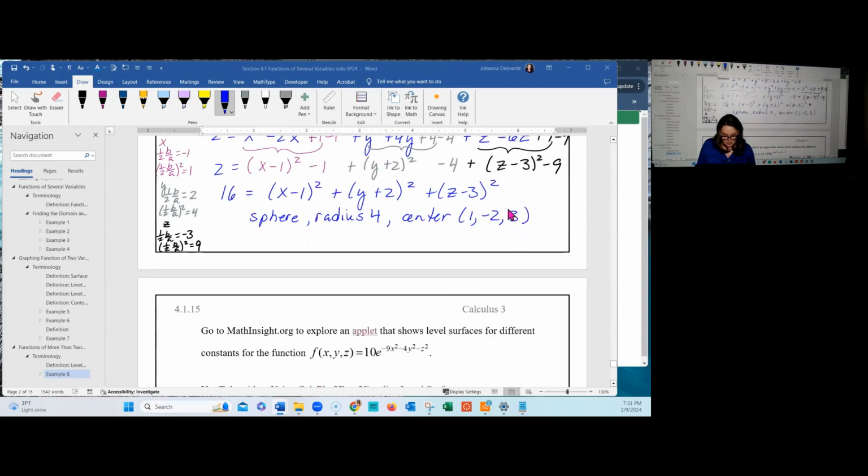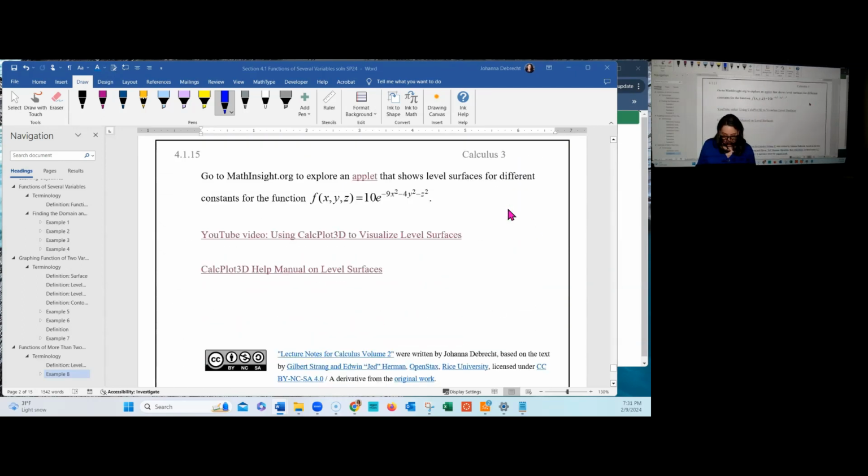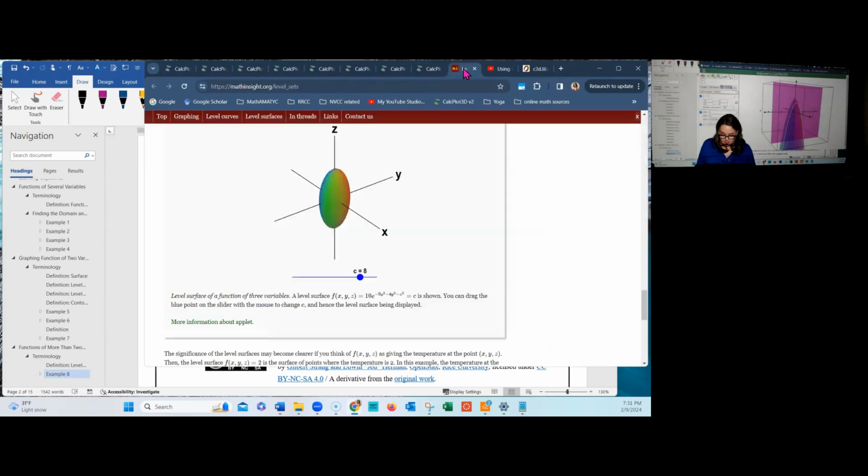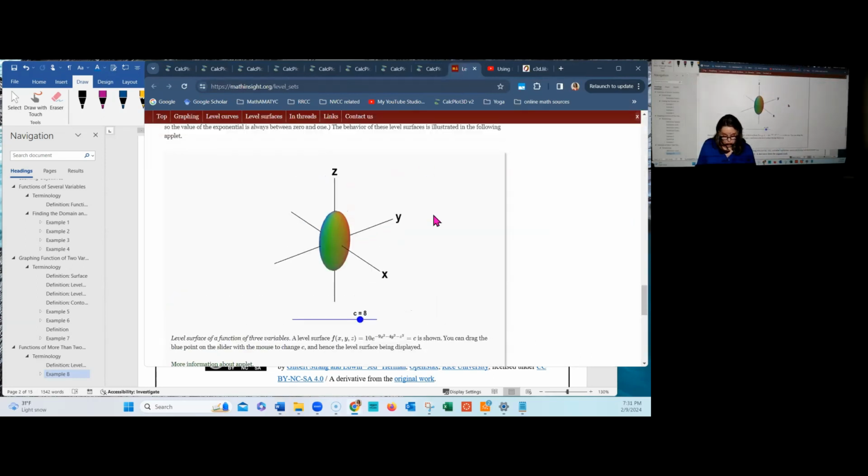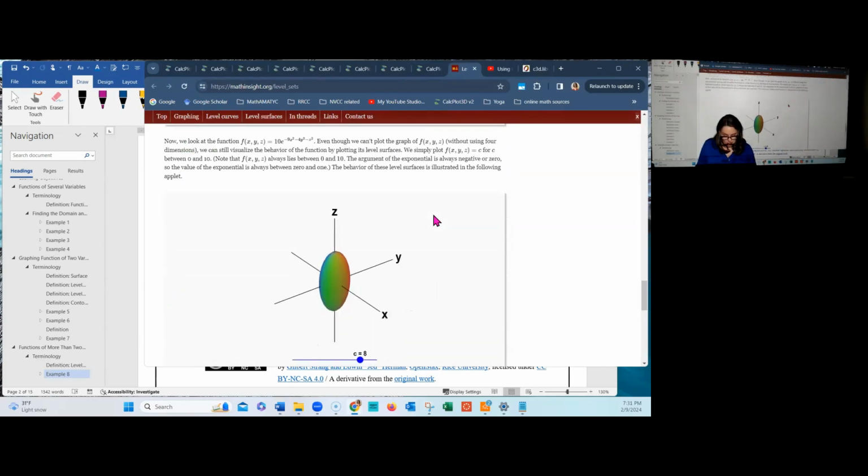This is pretty much close to the end of this particular section. There is an applet inside of mathinsight.org that will let you play around with different level surfaces for a particular function. Let's look at that briefly. You'll have to scroll down towards the bottom where it starts talking about level surfaces.